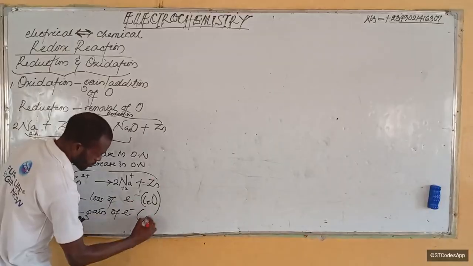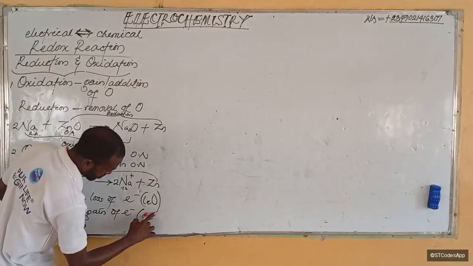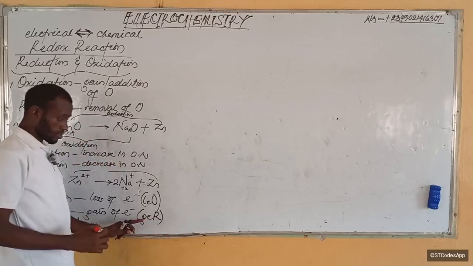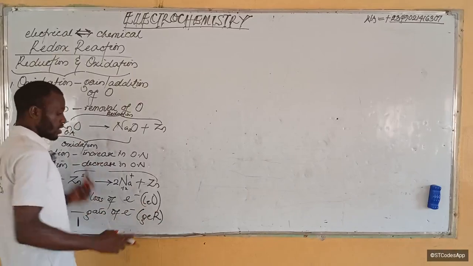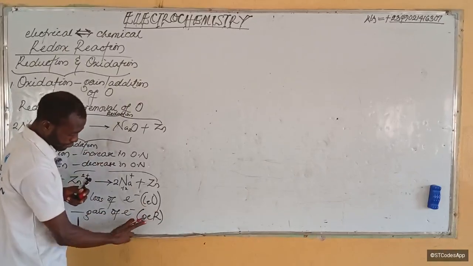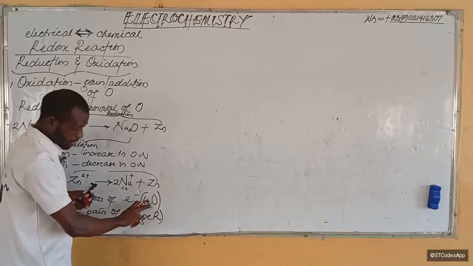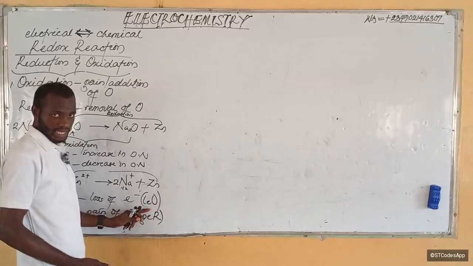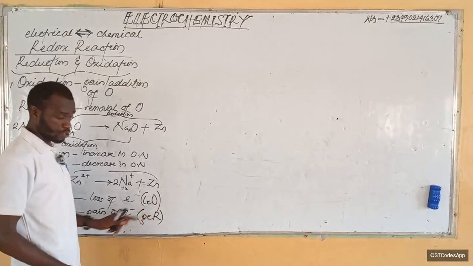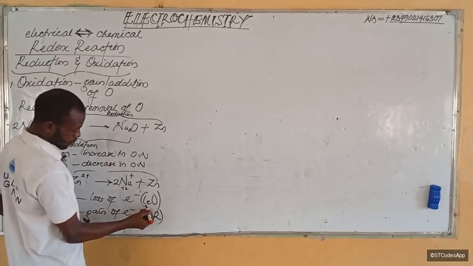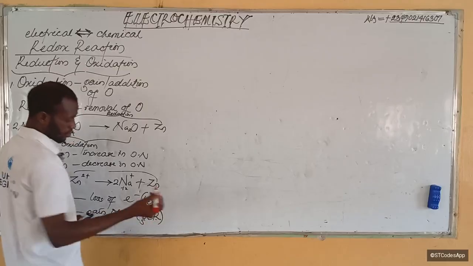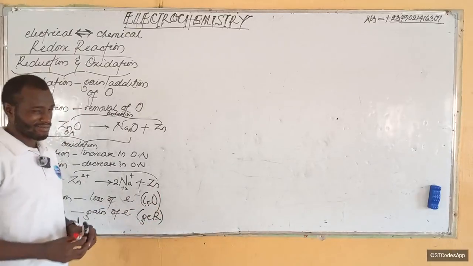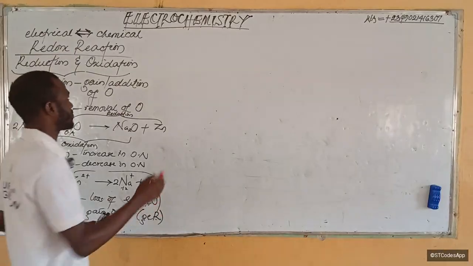Leo the lion roars. LEO there stands for Leo, that is Panthera leo, the zoological name of lion. That is loss of electron, oxidation. Gain of electron, reduction. Is that clear? You like that, yeah? I know you like it.